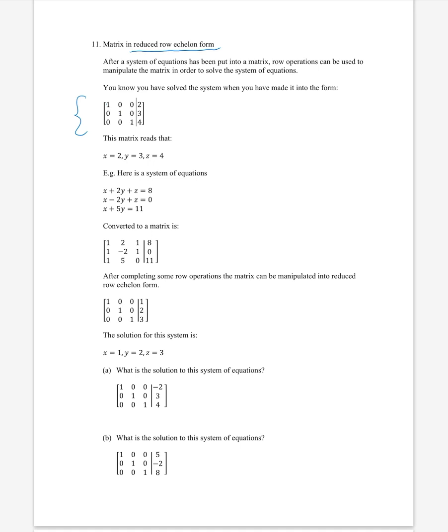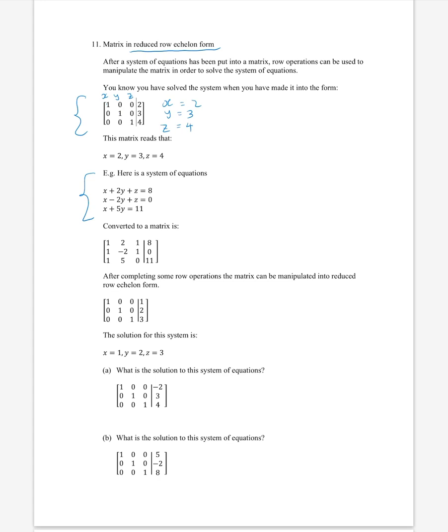What this means is, because this is the x variables, the y variables, and the z variables, it means that the top line reads the equation: 1 lot of x is equal to 2, 1 lot of y is equal to 3, and 1 lot of z is equal to 4. And so that's how we can read the solution off. So here's a system of equations.